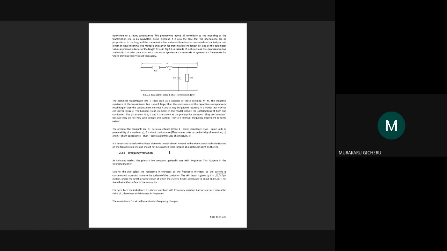The next section is on how frequency varies along the line. Due to the skin effect, you guys remember skin effect: the faster the frequency, the more the current tends to concentrate closer to the surface of a conductor as opposed to the middle.